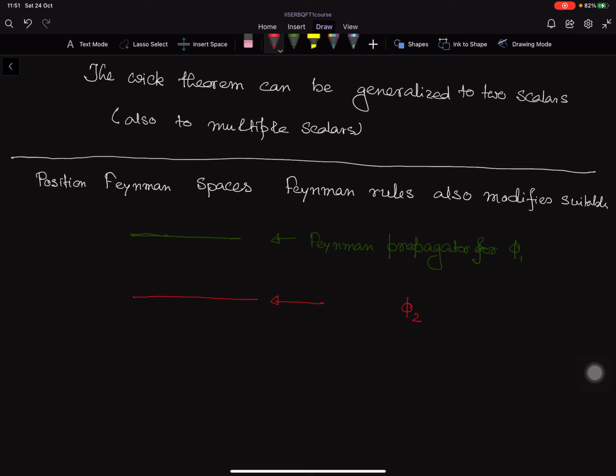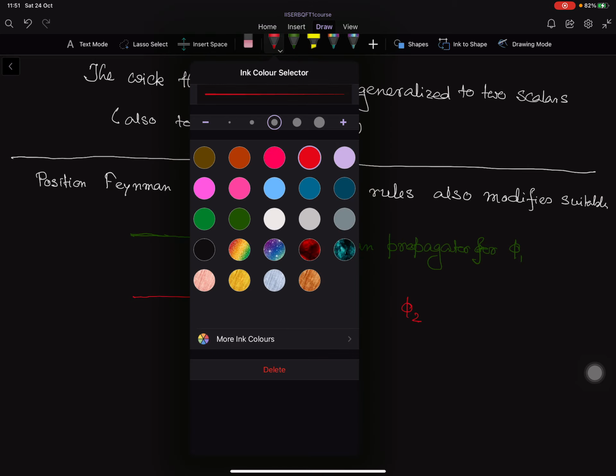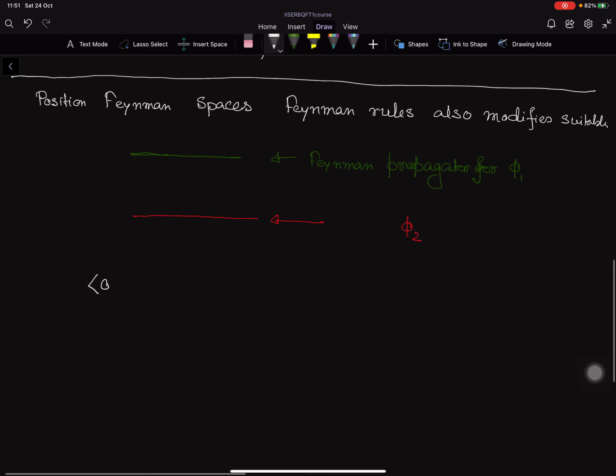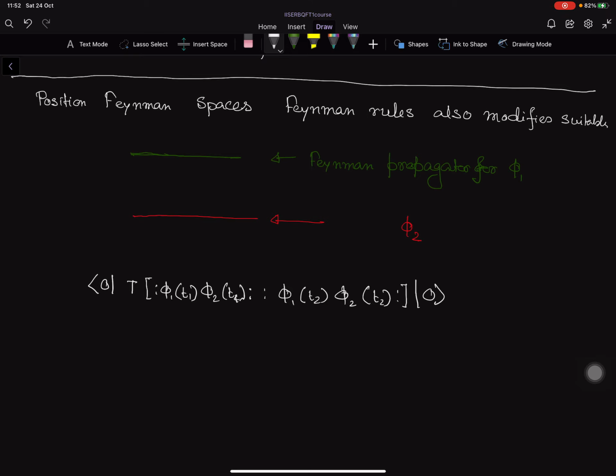The rule is very simple. For example, let's try to construct the correlation function of normal ordered phi 1(t1) phi 2(t1) and normal ordered phi 1(t2) phi 2(t2). The diagrammatic rule will be simple.